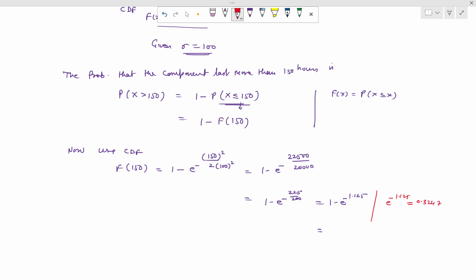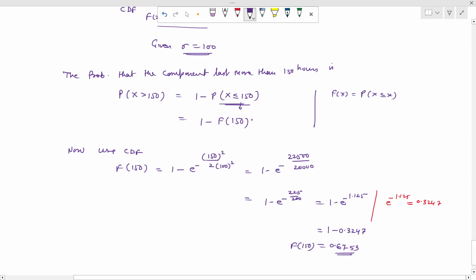So we get the value 0.6753. This is the value of F of 150.